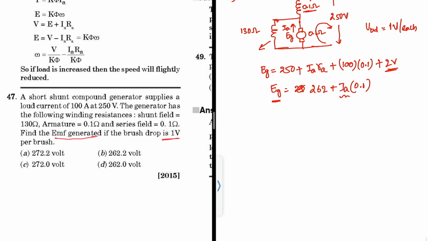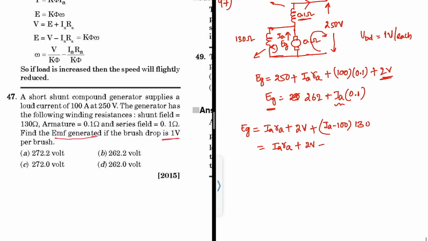For that we will do one more thing. If you apply the loop analysis here, then you can write Eg equals IaRa plus brush drop of 2 volts plus (Ia minus 100) into 130. So this is IaRa plus 2 volt plus 130 Ia minus 13000.